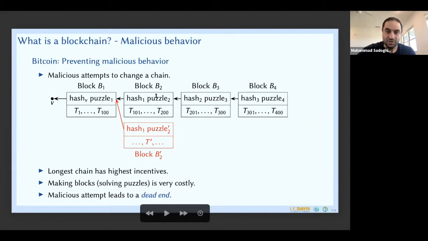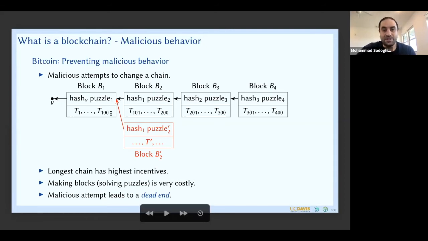So to solve the puzzle for block B2, the hash of its previous block B1 is also included. This ensures that solving the puzzle for a second block can only start once the first block is finalized, and that ensures a fair starting point for all participants.